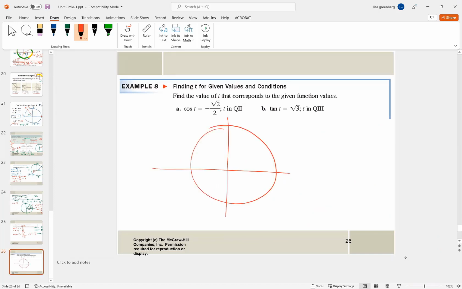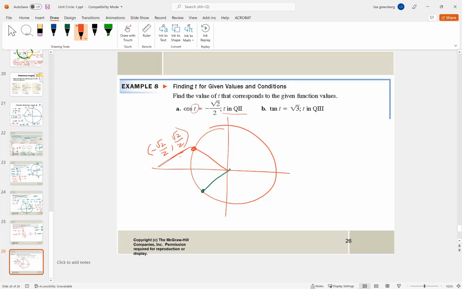I want to find the value of t, so I'm actually looking for the angle. I know t is in quadrant 2 because it's telling me. And I know in quadrant 2, the x value is always negative. So if I want to know what the y value is that goes with that, it's going to be positive the square root of 2 over 2.